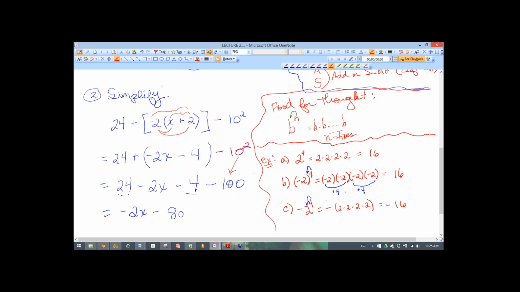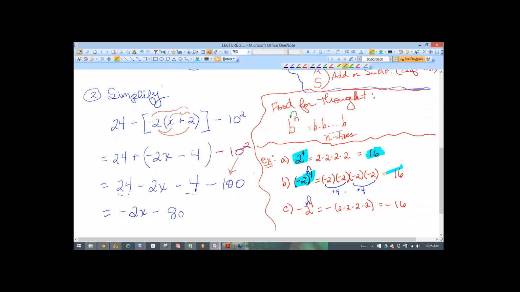So let me go back and reread these for you the way I think you would need to interpret them. Of course, A is 2 to the 4th power. That would be positive 16. And then B, this would be negative 2 to the 4th power.